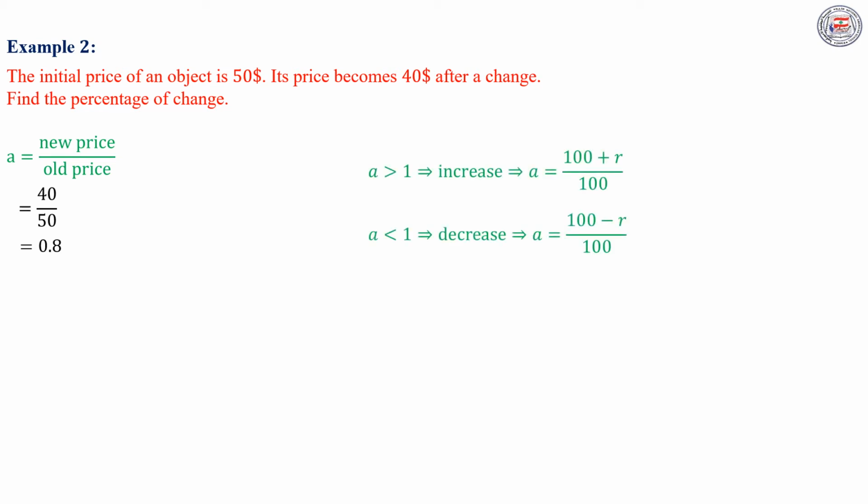As we can see here, A, which is equal to 0.8, is less than 1, then we have a decrease in price, and in this case we have to use the second formula for A, which is 100 minus R over 100.